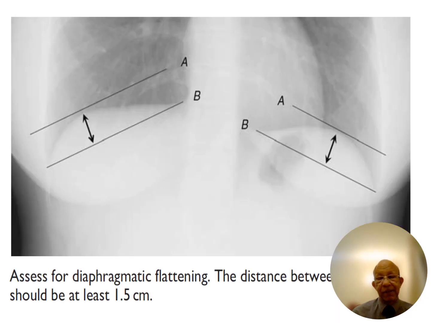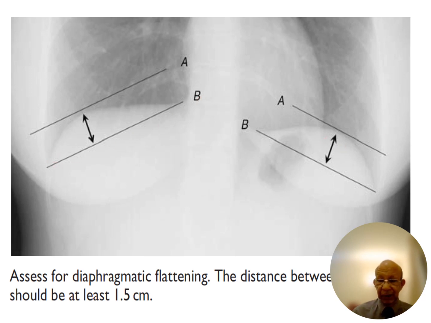Okay. Now, when you look at the hemidiaphragms, you can look for diaphragmatic flattening, and by flattening means that this is actually less than 1.5 centimeters from the dome to the transverse line you draw this way.